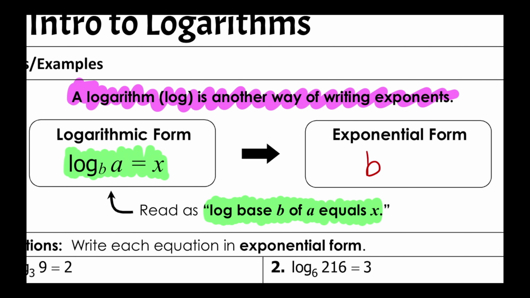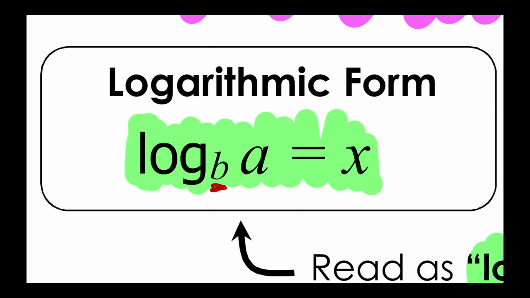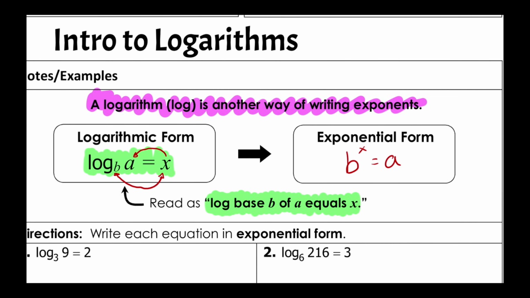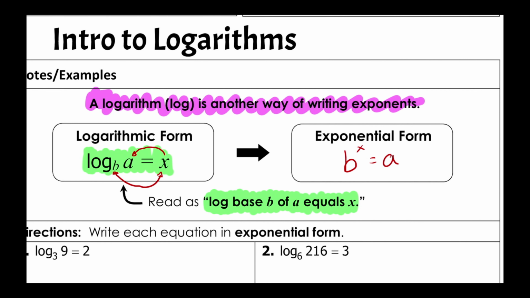Remember, I told you the log equals the exponent, and then that equals a. That's your result right here. So basically, it's this base to this power equals that result. But again, log just says, what's the exponent of this base that gives me that answer, that a?